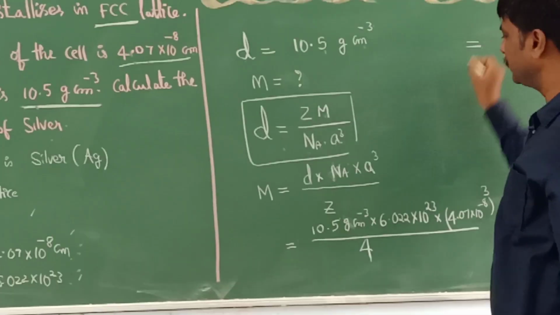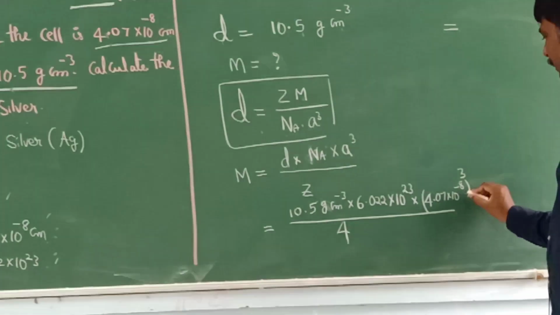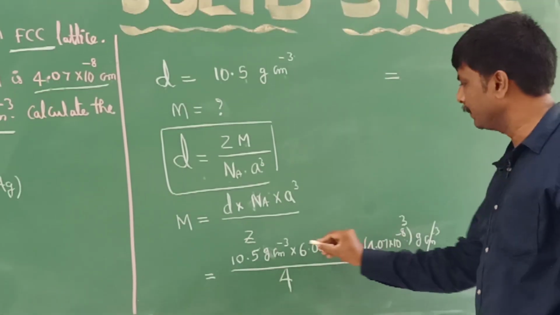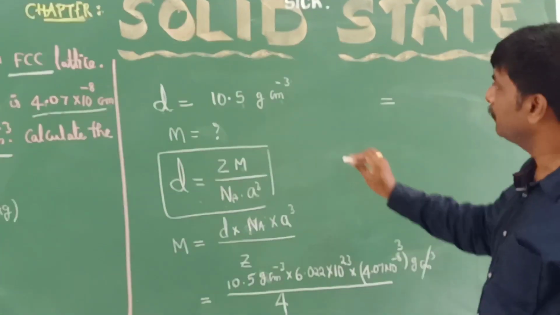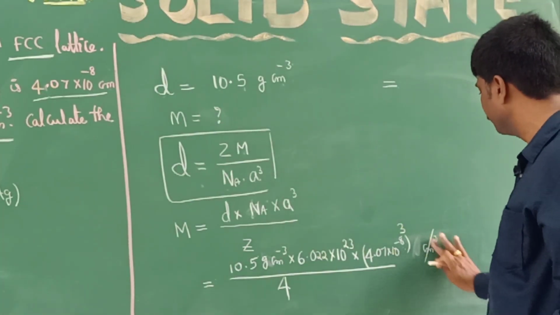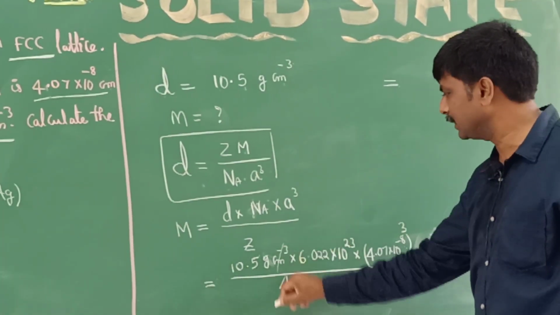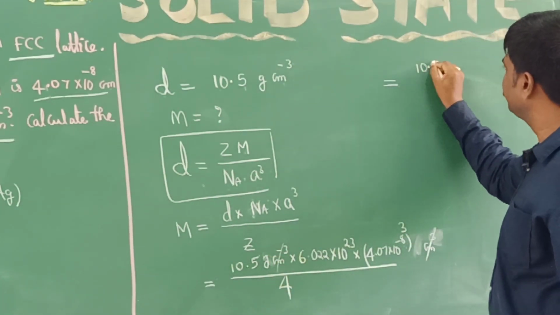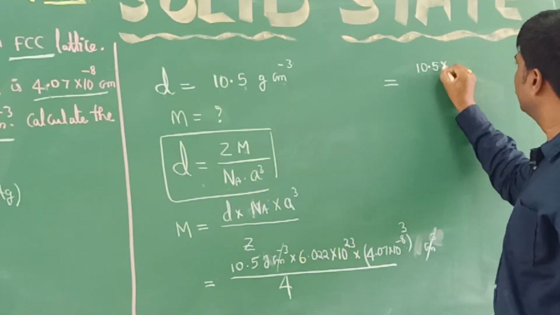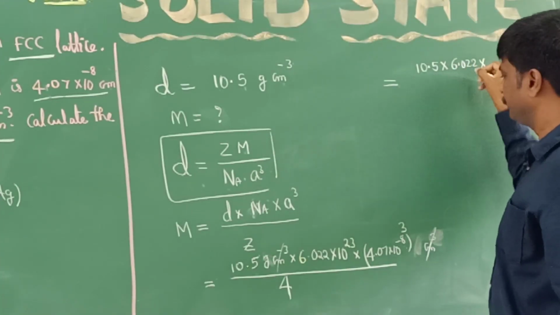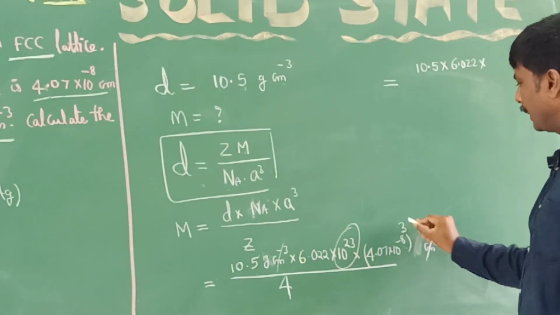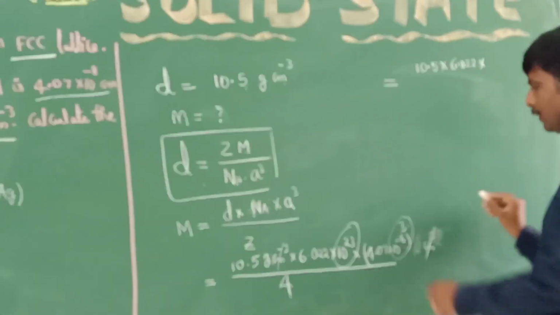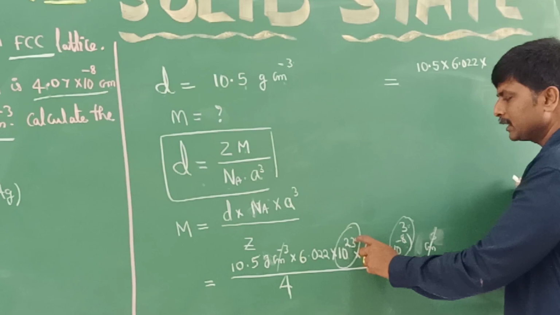That is equal to, what are the units here? Gram per centimeter cube, and a cube is centimeter cube. The centimeter cube cancels, and only gram remains. Okay, 10.5 into 6.022 into 10 to the power of 23, and 8 into 10 to the power of minus 3 gives 10 to the power of minus 24, and the other is 10 to the power of 23.